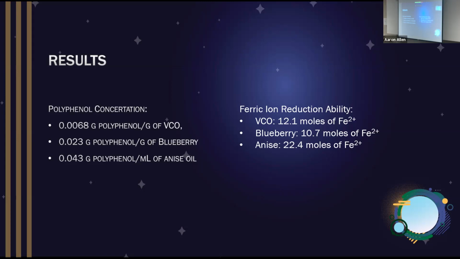So I made sure to not break anything else. So that could be a complication of that. As we can see here, the anise oil had a lot higher, almost double what the virgin coconut oil was able to do in reduction power.